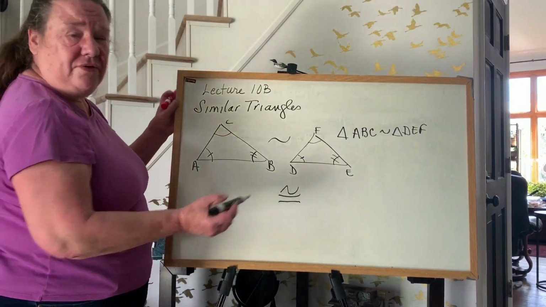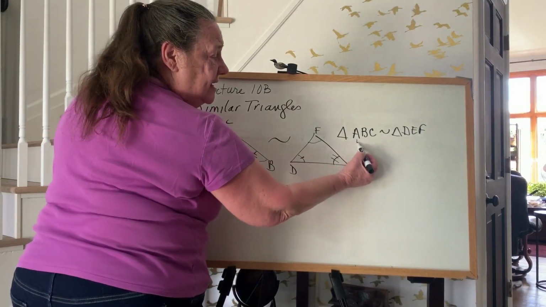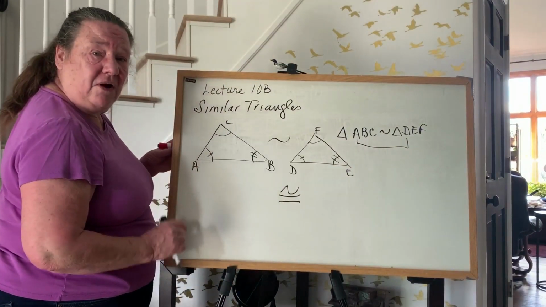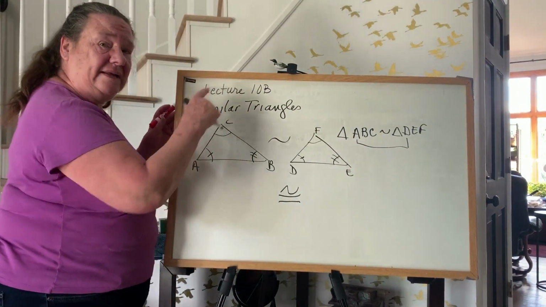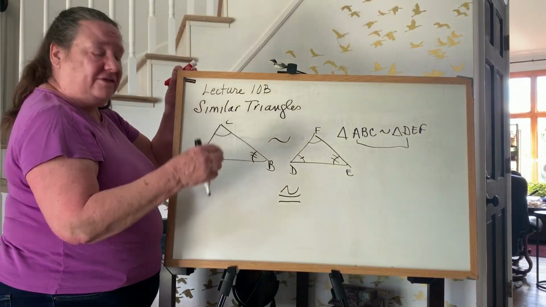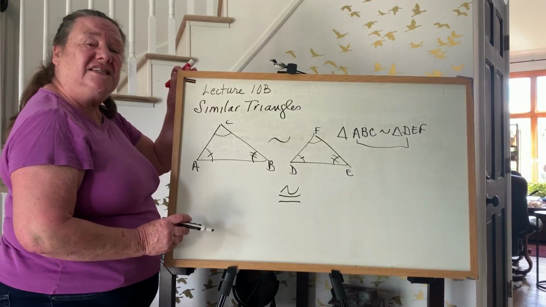Now, how did I know that? I looked over here, I looked at the order, and I noticed that A matched up with D. So A with D, all right? So also in similar triangles, that's 3 properties. The 4th property is that all the sides are similar.